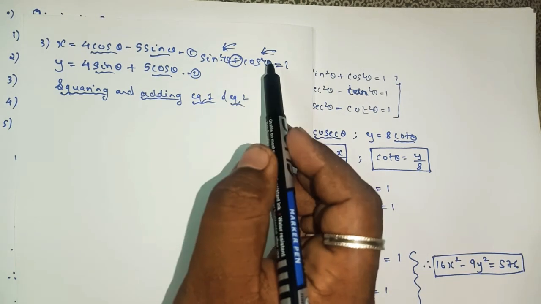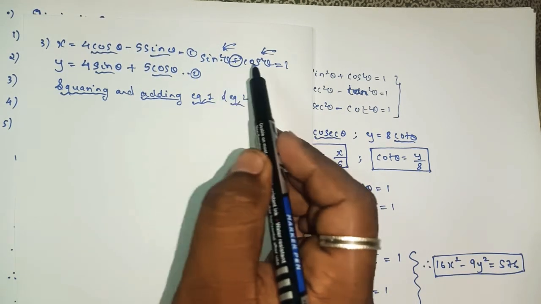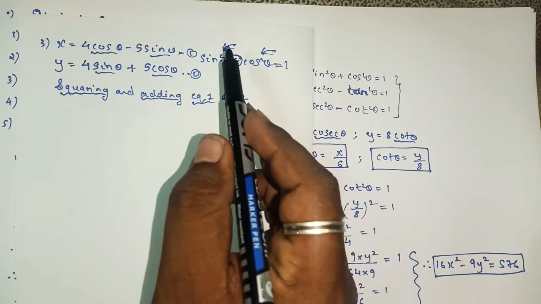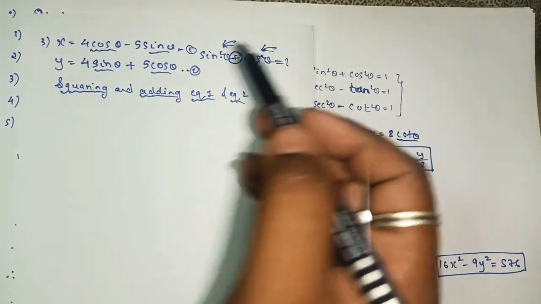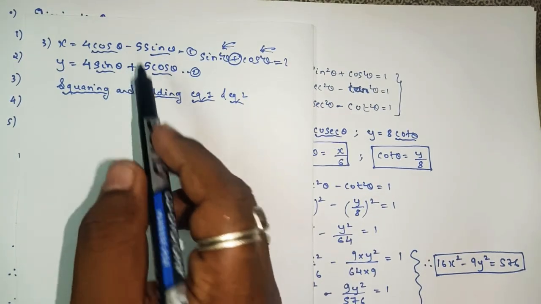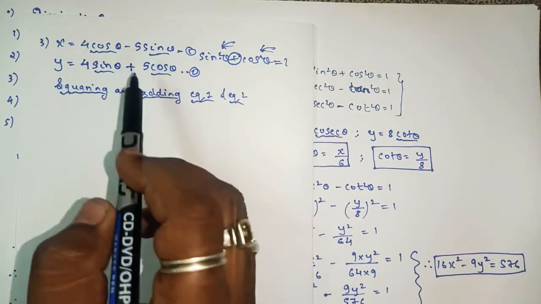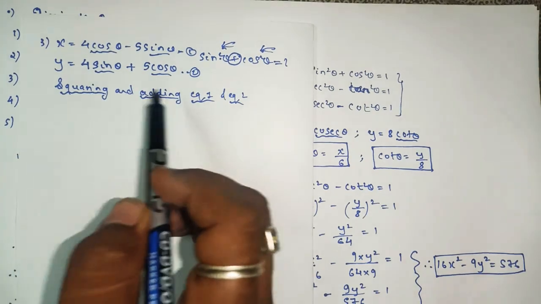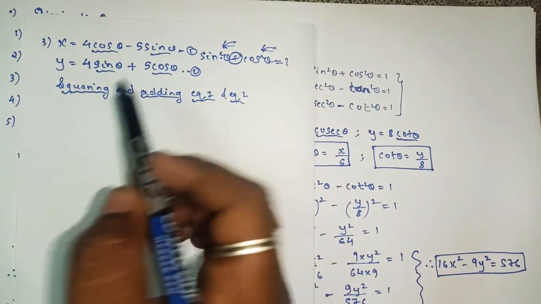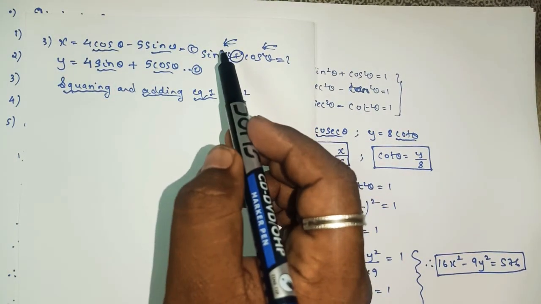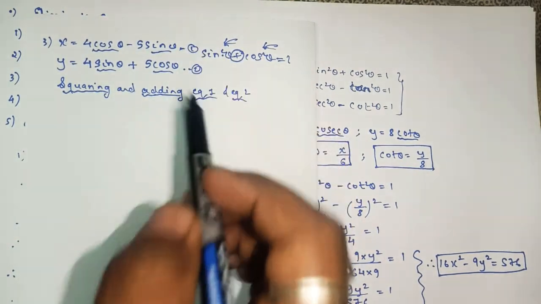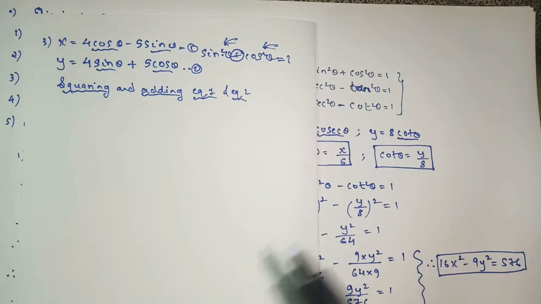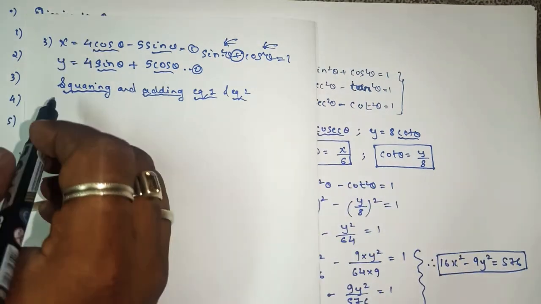So here we require square, and what is the connection between these two terms? It is plus. So seeing here the hint, from here we got the idea. So for these two equations, instead of doing simultaneously, we'll write squaring and adding. Here we have square and plus, so that's why I wrote squaring and adding the equation number 1 and equation number 2. Let's see what we will get.